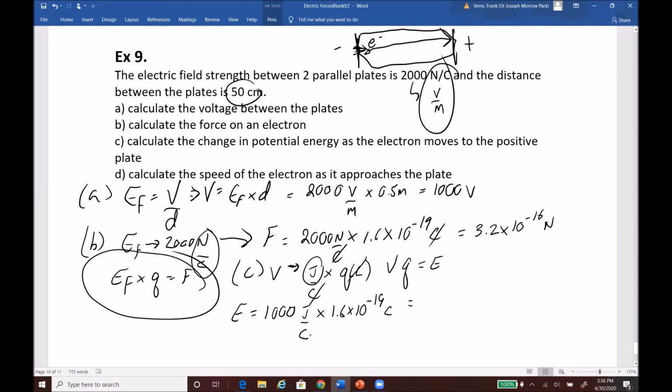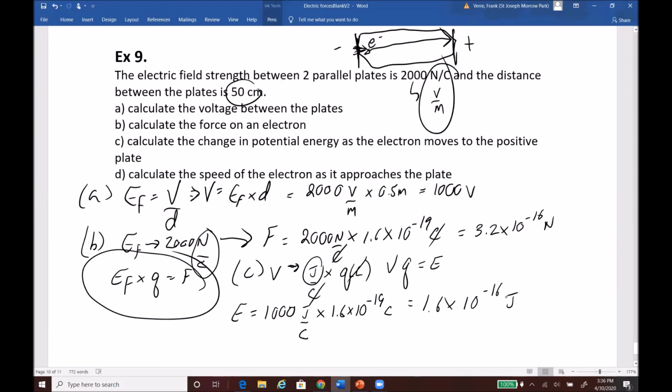And that would give us an amount of energy of about 1.6 times 10 to the minus 16 joules. Okay, so that's how much energy the electron would gain as it's moving towards the positive side. Now, it would gain that in terms of kinetic energy.